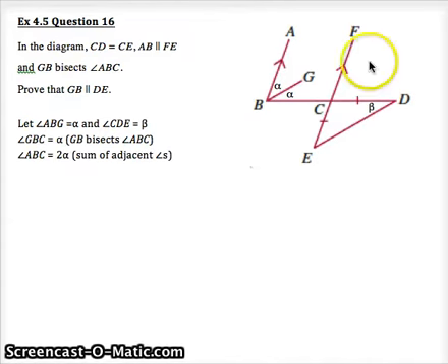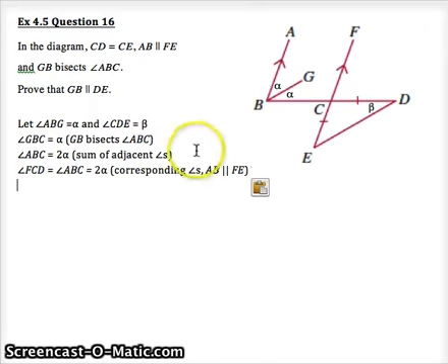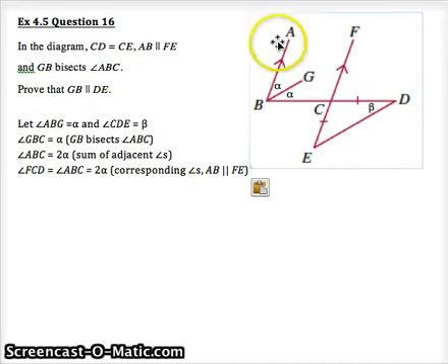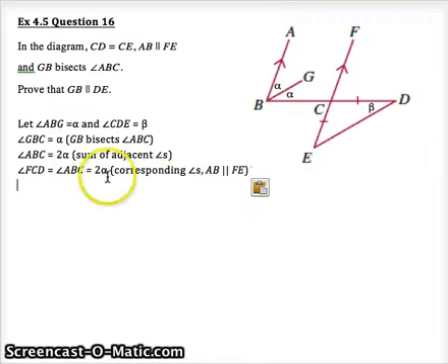Okay, now we've got parallel lines here. AB is parallel to FE. We can use corresponding angles if we want and say angle FCD is 2 alpha, or we could go with angle FCB is 180 minus 2 alpha, but I'm just going to go with corresponding angles. So angle FCD equals angle ABC equals 2 alpha.